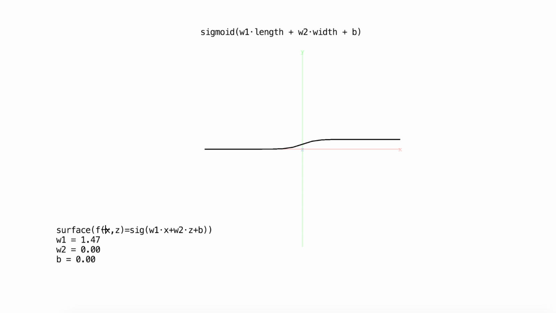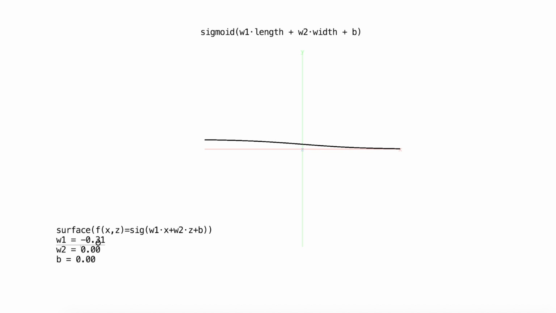If I give it a positive slope, the plane is sloping upwards. As x increases, the output increases, and then the sigmoid just squashes that value. If I give it a negative slope, you can see how as x increases, the output of the network decreases.